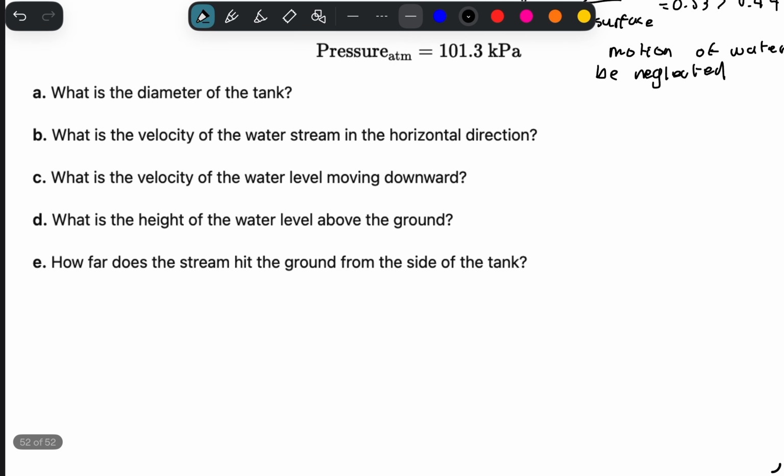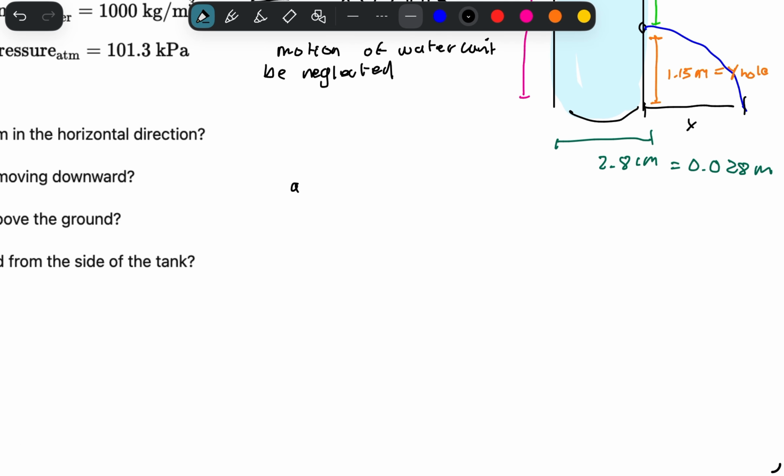So we're asked first, what is the diameter of the tank? We have what the ratio of the diameters are. d exit over d surface is equal to 0.53. So we can use that to get the tank's diameter. We could rearrange this: d surface is equal to d exit over 0.53.